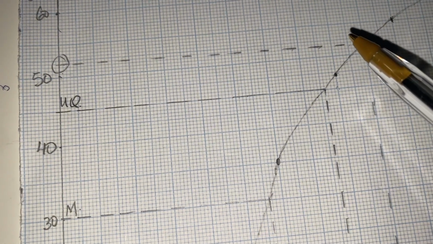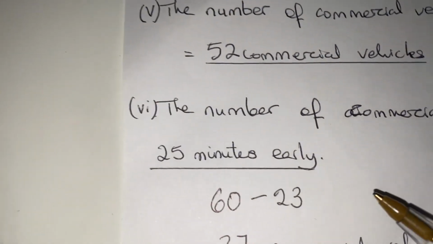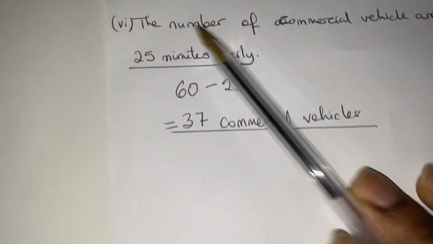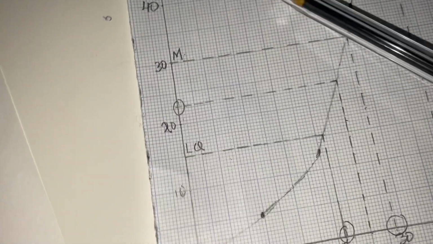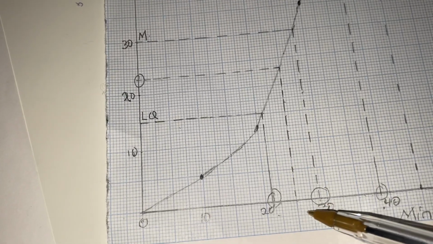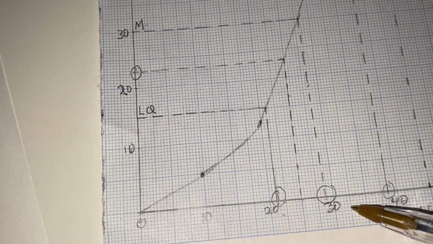Then the next question is the number of commercial vehicles arriving more than 25 minutes early. So here we look for 25, which is between 20 and 30.